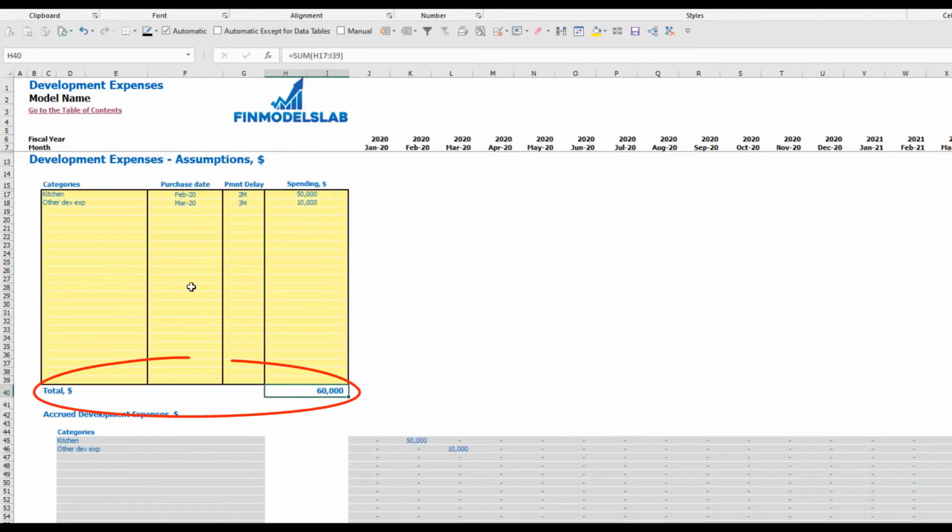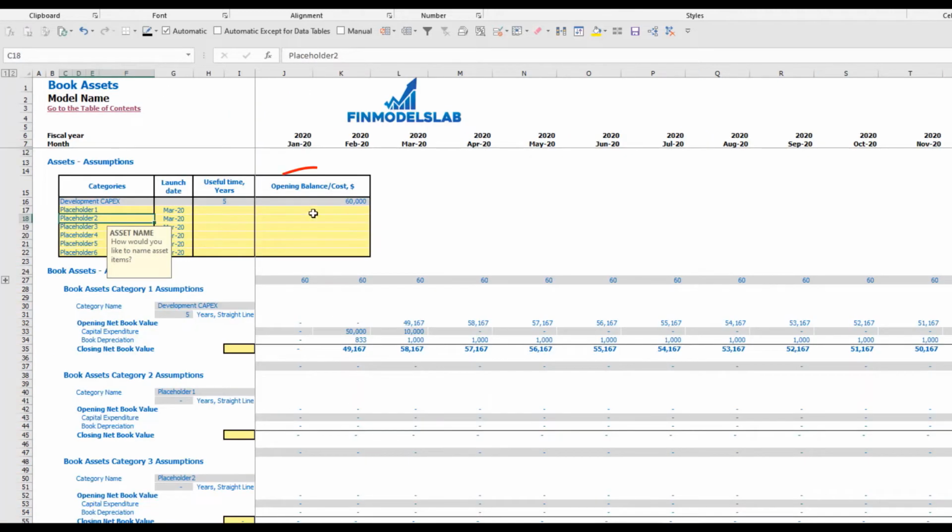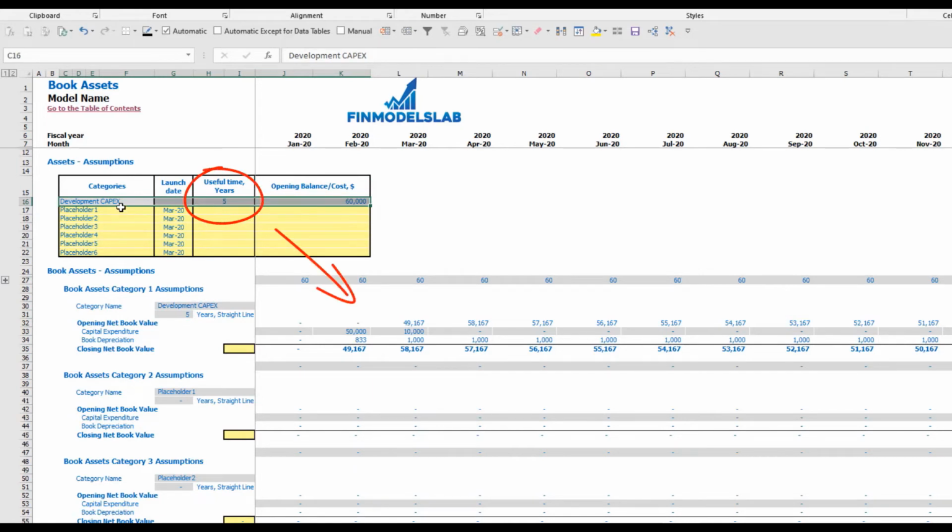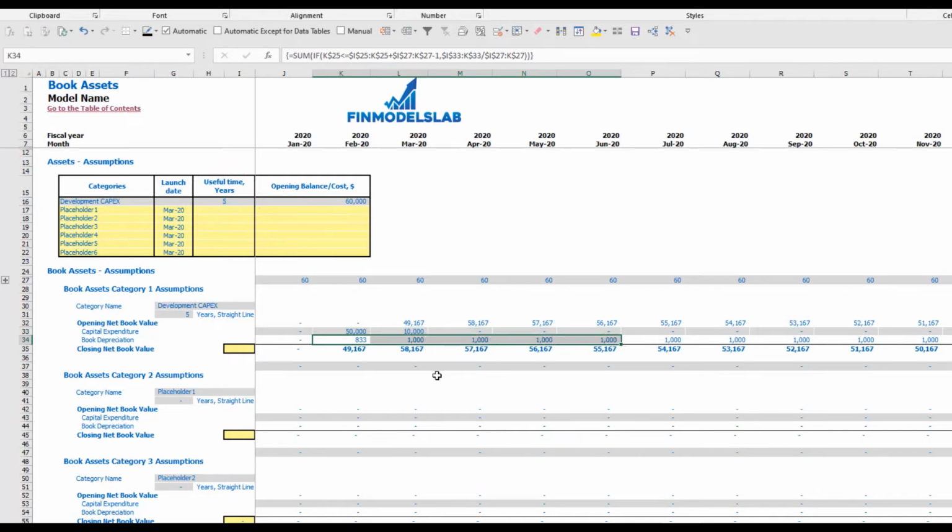The total amount of development expenses is connected to the Assets tab. You may see it here. By default, the useful time for development CAPEX is 5 years, so you may see the calculation of depreciation and closing net book value.